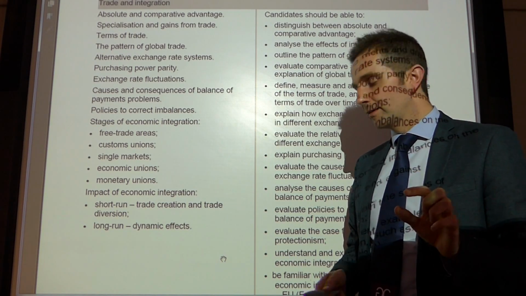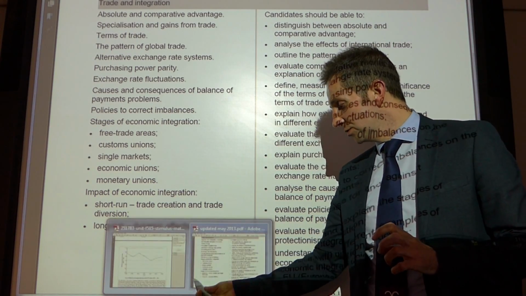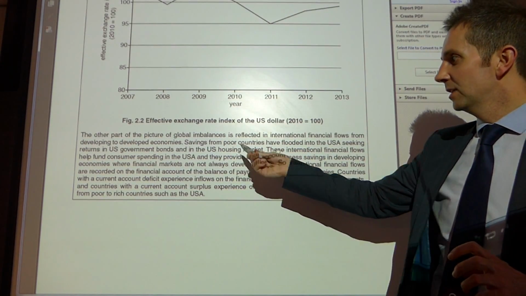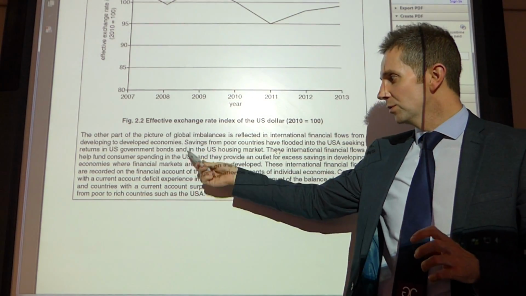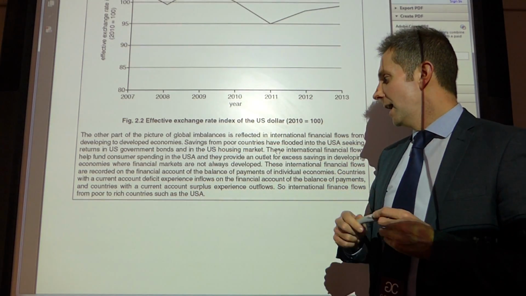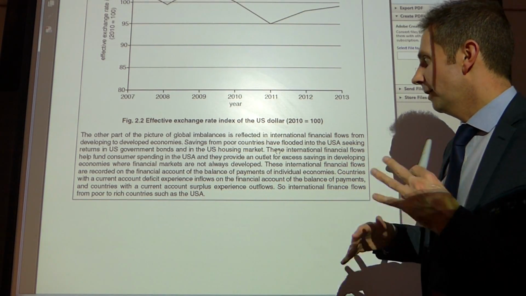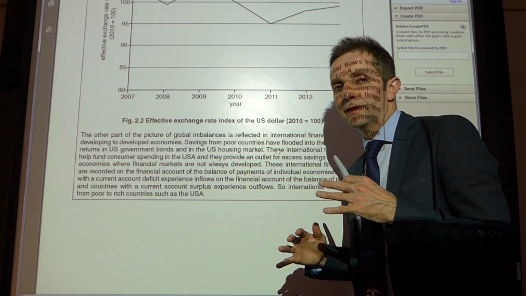So I do, however, want to just say one or two things about this final paragraph just beneath figure 2.2 here, the information which is here. And really primarily it relates to the direction in which the financial flows are moving.